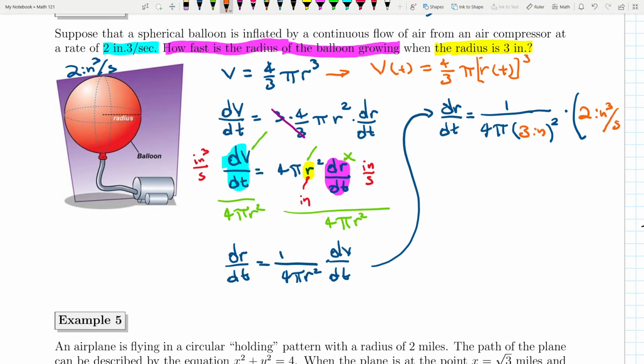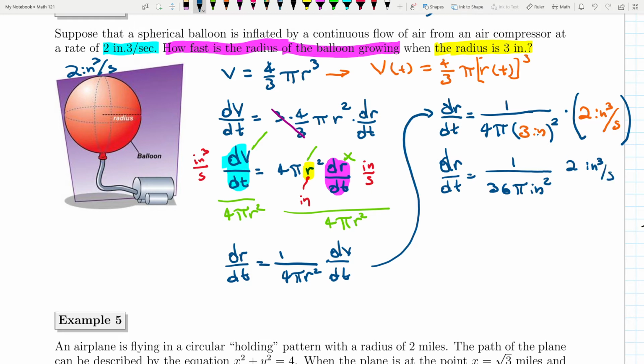Doing the numerical calculations, 3 squared is 9, and 9 times 4 pi gives us 36 in the denominator. So dr/dt is 2 inches cubed per second over 36 pi inches squared.